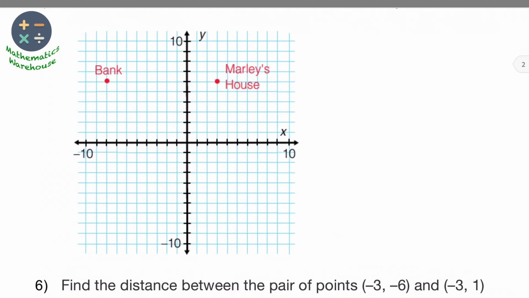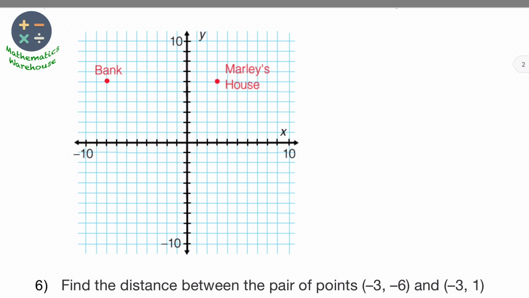Here, you can count the number of units, but instead of this, we want to determine the distance using the coordinates of each of the 2 points. As we said, to determine the distance between 2 points, we have one of 2 cases.